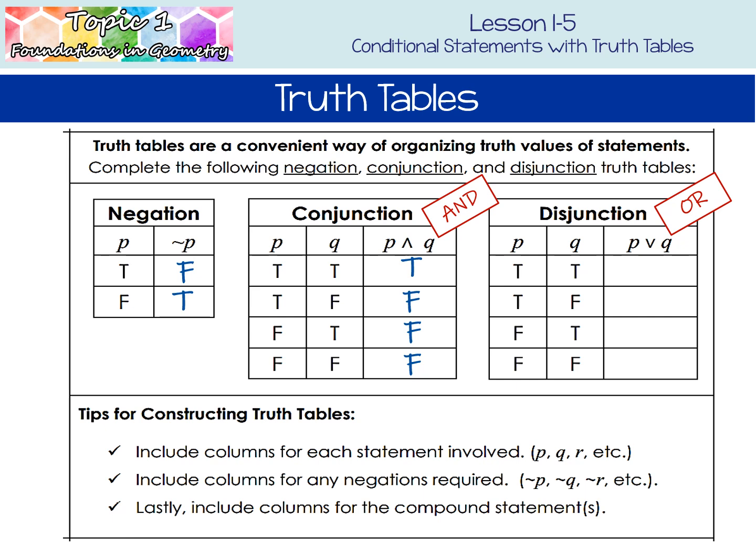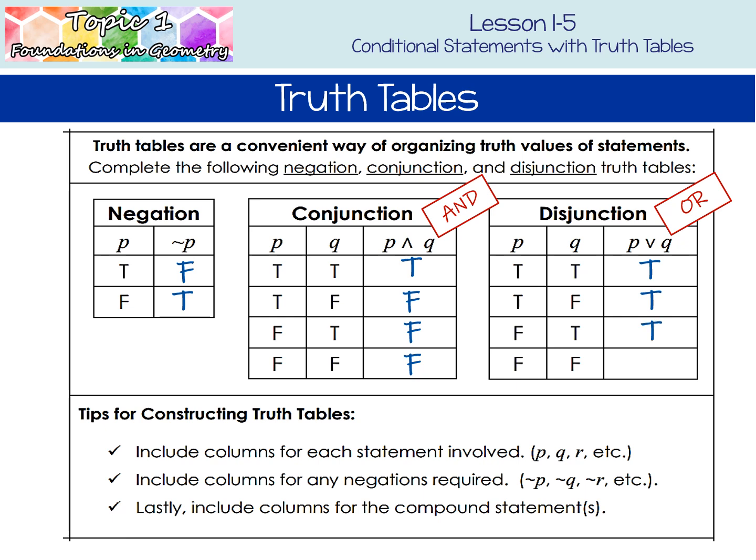Disjunction is or. So we need at least one true to be true. So if P is true and Q is true, it's true. If P is true and Q is false, it's still true when you're doing or, the disjunction.